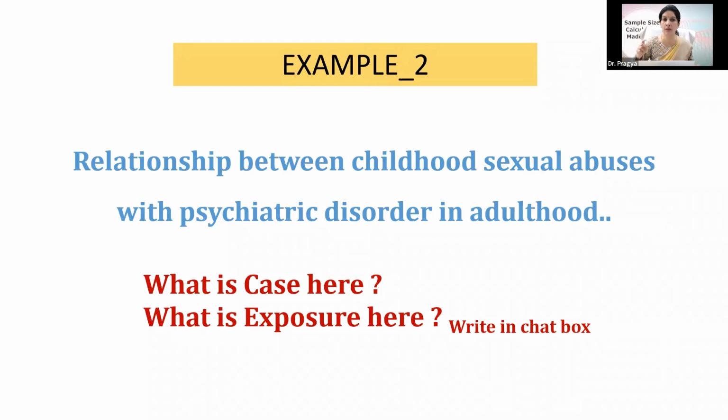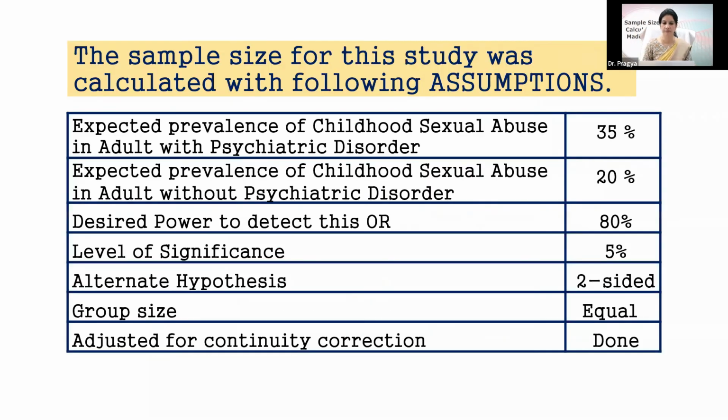So the outcome, case and exposure, which I was discussing, is okay for the hypothesis. But when you give it as an input in a case control study, read that sentence as the proportion of exposure or risk factor in the cases and the proportion exposed in the controls. So this is the one: 35%, 20%. So you can do this.